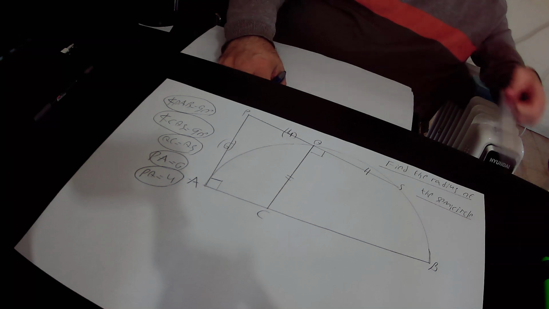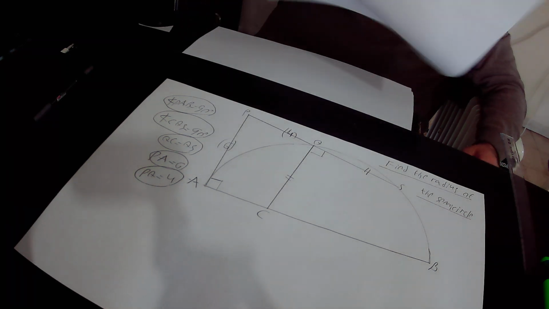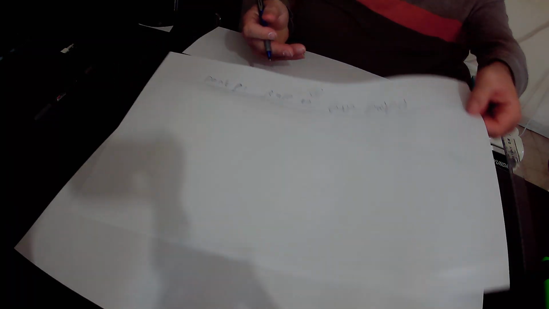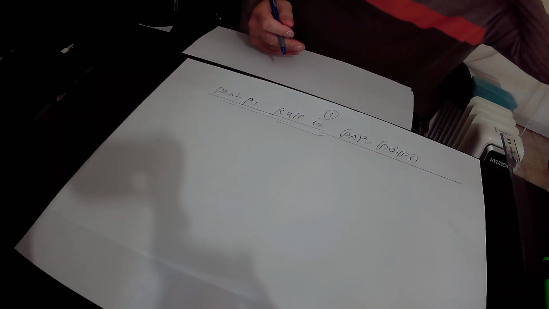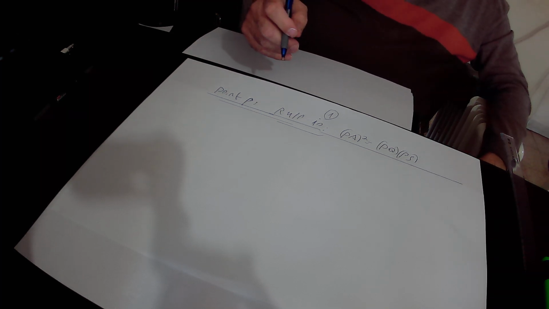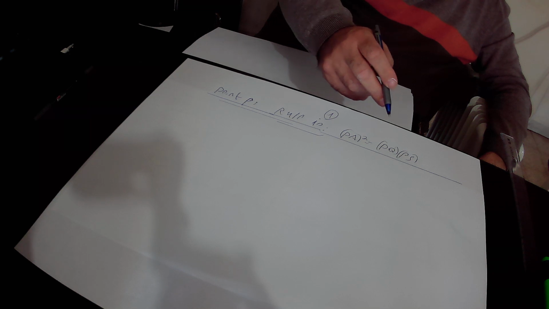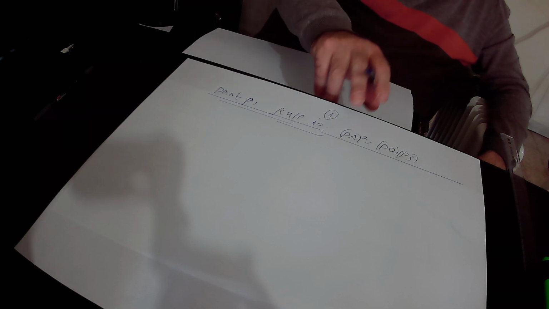Repeat again. If we focus on the common external point P, we can implement in our drawing rule number 10. According to rule number 10, PA square equals PQ times PS.